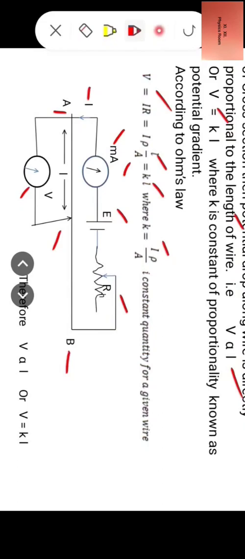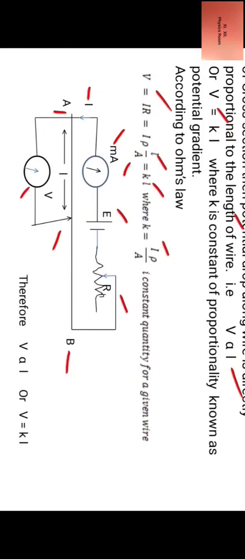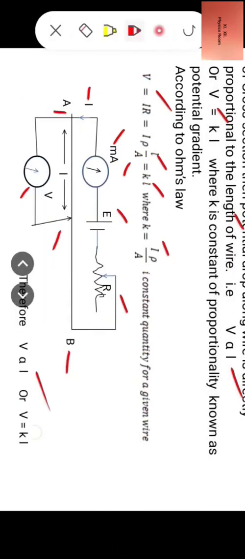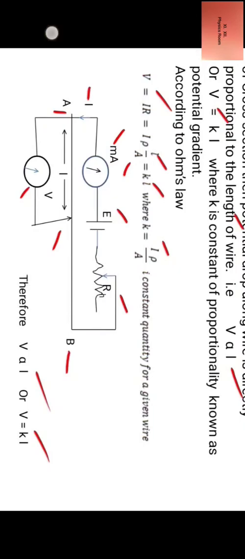Now when we move the sliding contact from A to B, we find that V goes on increasing, that is potential drop across the length L goes on increasing with the length. So V and L are in direct proportion. Therefore, we have V is directly proportional to L, or V is equal to KL, where K is potential gradient and the constant of proportionality. So mathematically we can say V is equal to KL for a potentiometer.